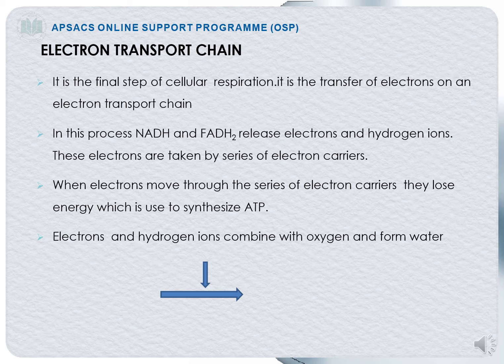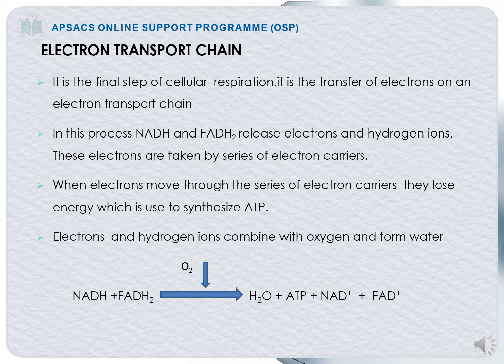As I have told you, NADH and FADH2 will lose their electrons and hydrogen ions. Now these electrons and hydrogen ions will combine with oxygen and form water. You can see in the reaction that NADH and FADH2 combine with oxygen to form water. Also, as they lost their electrons and hydrogen ions, they are oxidized to NAD and FAD.